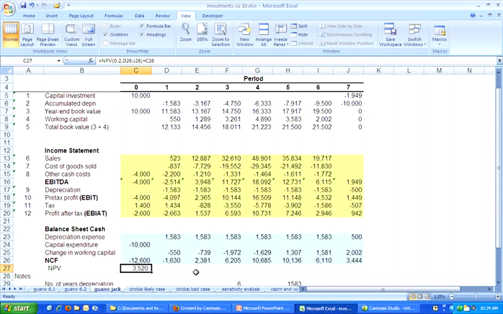Another interpretation is that the project generates enough cash to cover its operating costs, which are reflected here in the operating statement, to cover its financing costs, which are reflected in the 20% discount rate, and to add additional value to the firm. And the additional value that it adds is this $3.5 million.